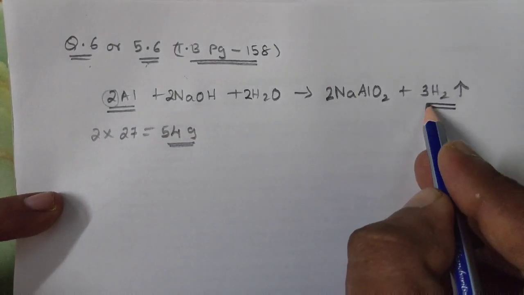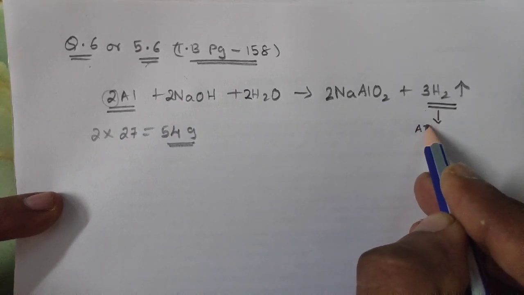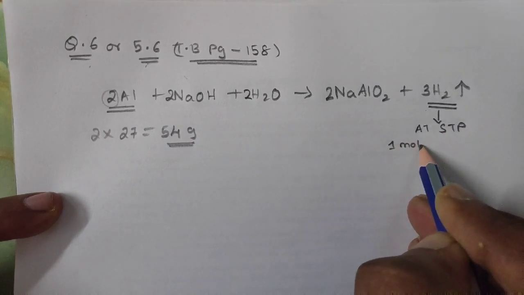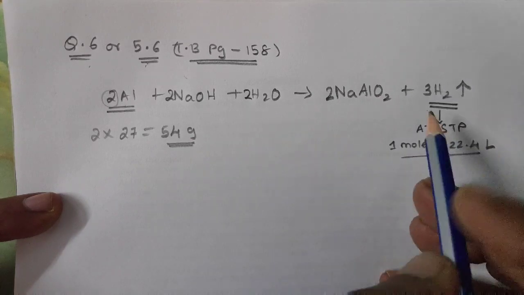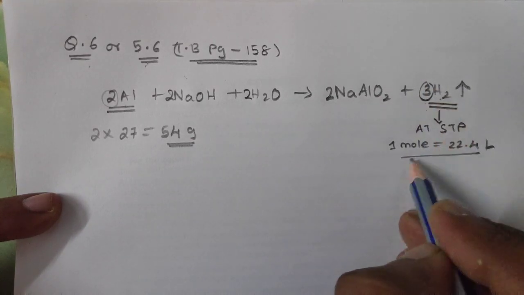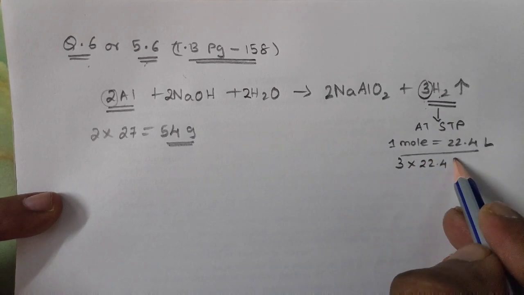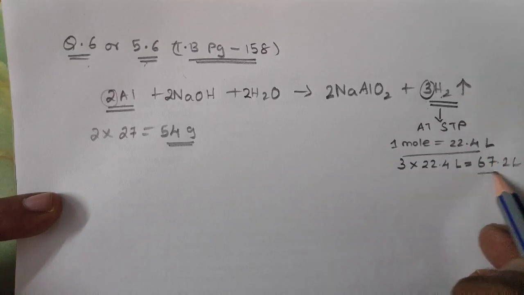And here you can see hydrogen. At STP we know 1 mole is equal to 22.4 liters, what we have discussed, right? Here how many moles are there? 3. So 3 into 22.4 liters will be equal to 67.2 liters, right?